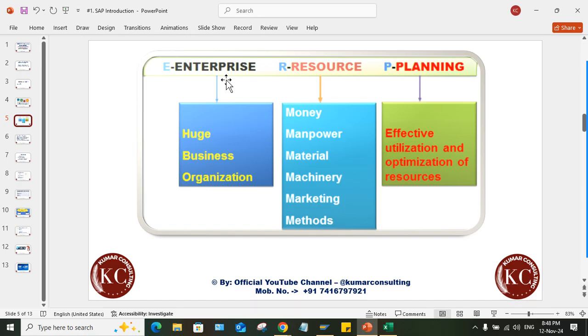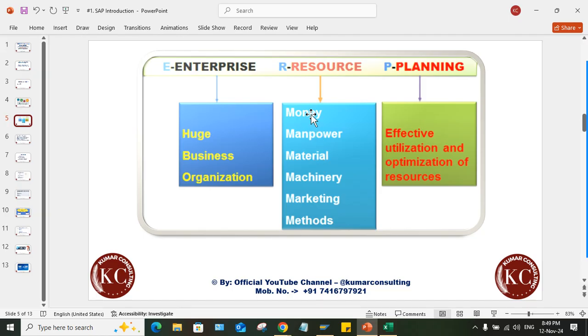Earlier it was 4M, in the sense of the important resources I'm talking about. Now another 2M has also been added. 4M means man, money, machines, and material. These are the essential parts, and apart from these, marketing and methods have also been added.